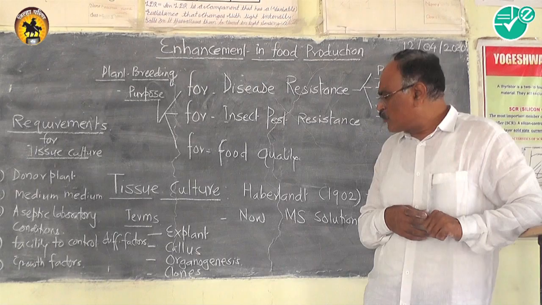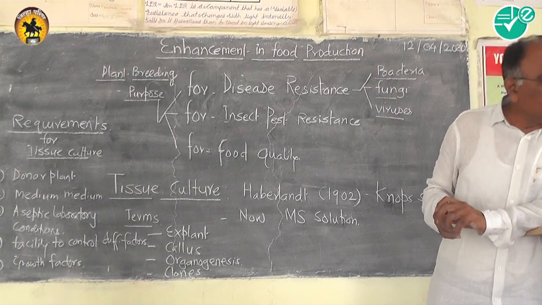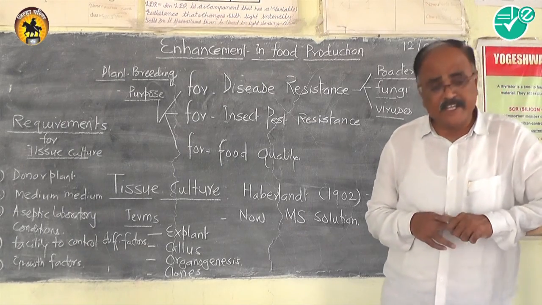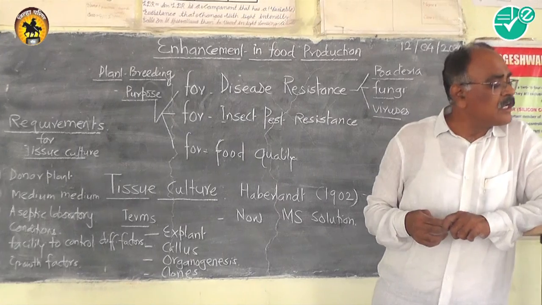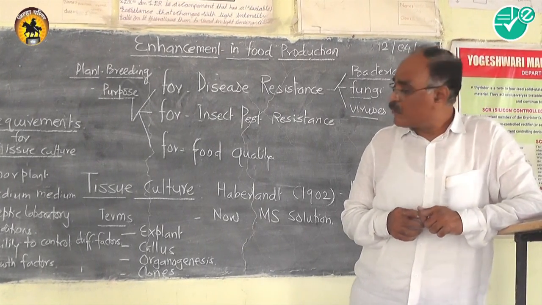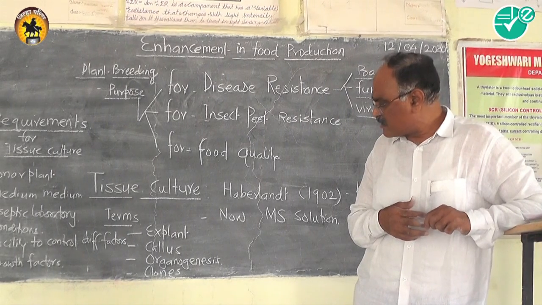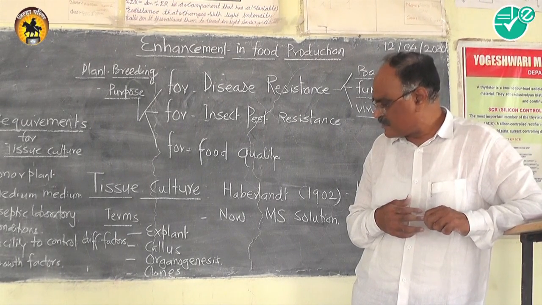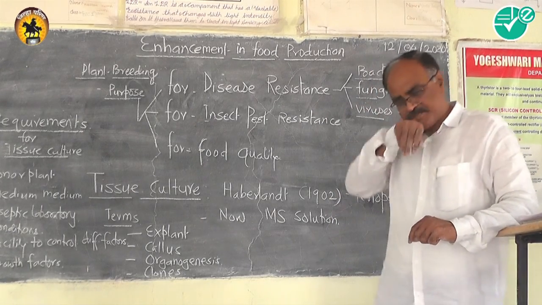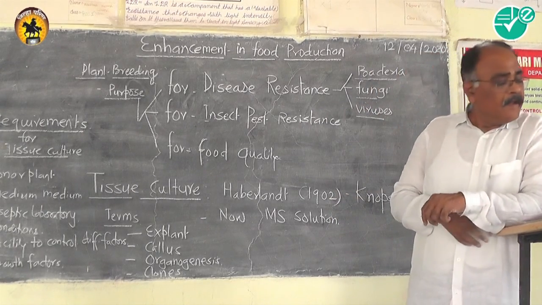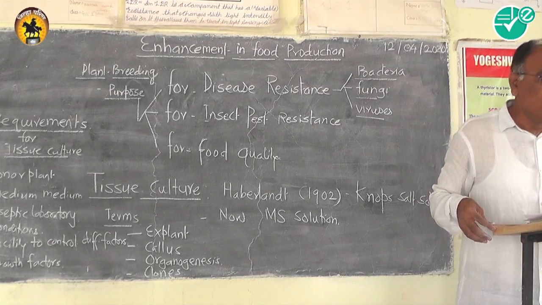We also need facility to control factors like temperature, light, and humidity. The last one is various growth factors, especially two growth hormones: auxin and cytokinin. These are the requirements.